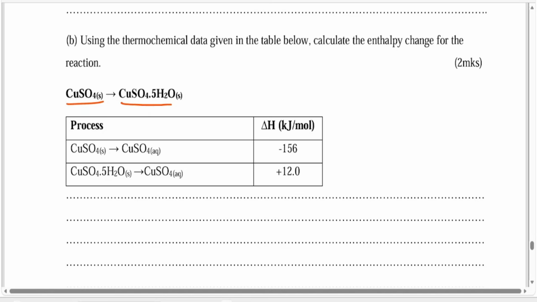Then we are given the processes. We have the copper sulfate solid. It can directly change to copper sulfate aqueous, and we have the hydrated copper 2 sulfate that can change to aqueous copper 2 sulfate.